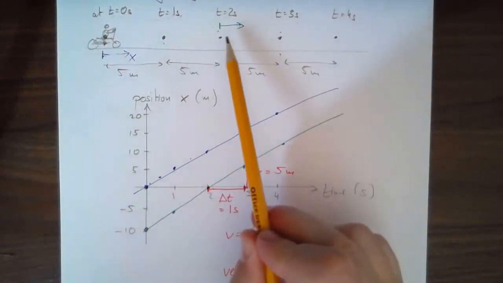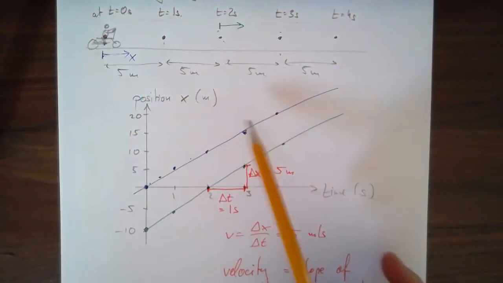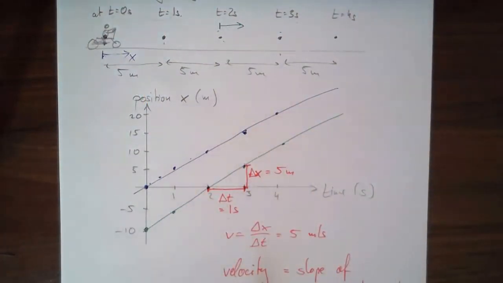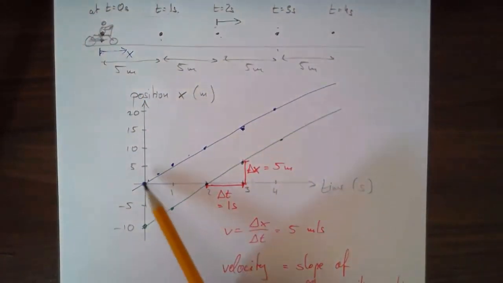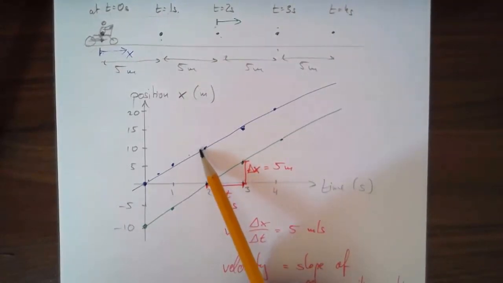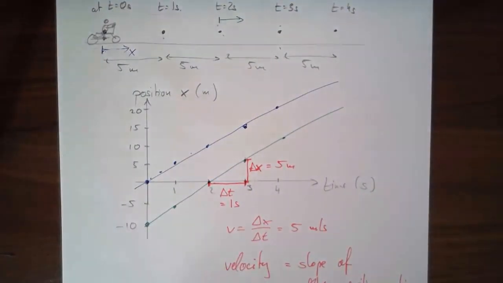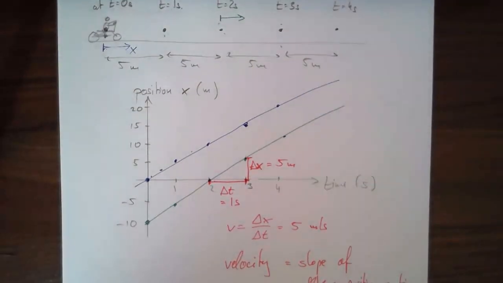For 2 seconds you might be going here, and then for the next 2 seconds you might be sitting still, and then you might be doing something else. In that case, the graph would take a very different shape. It would have a slope for a certain amount of time, and then it will have a different slope for another amount of time. You'll get to practice all those sorts of scenarios, but we've covered the basics. So thanks for watching, and I'll see you next time.